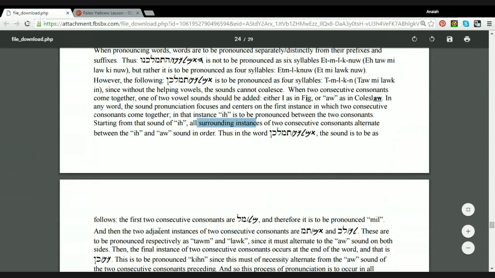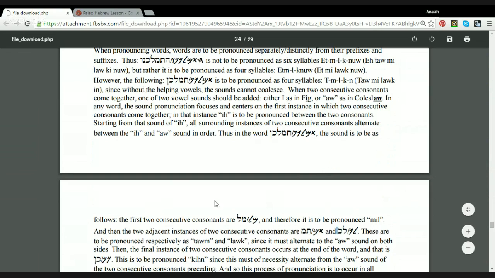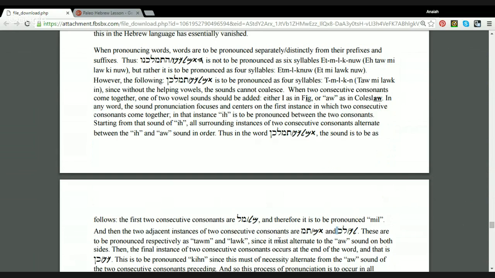And then the adjacent instances are the beginning of the word, tav mem, because tav is not part of the word, it's a prefix. So it should not be Tim, but it should be Tom. And then right here, because it's the second part of the word, it's lock. So these are to be pronounced respectively as Tom and lock, since it must alternate to the ah sound on both sides.